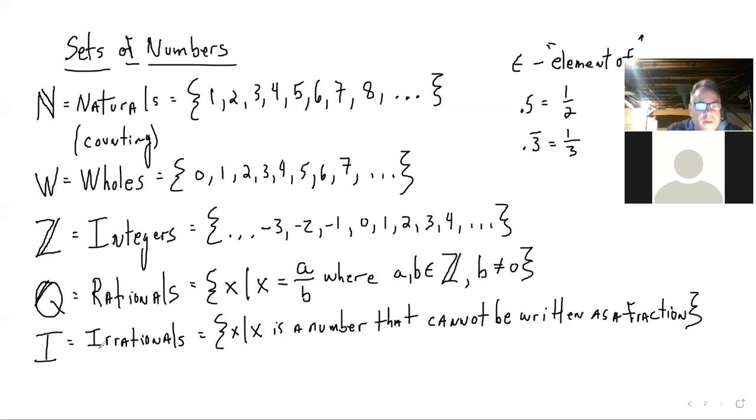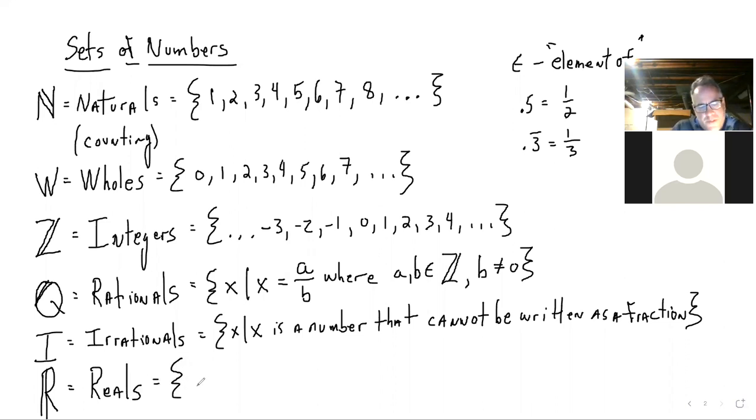So one more set of numbers we'll deal with here in this class. And this is standard. You see an R with a double bar, and again, in a book, it would be bolded. It's referred to as the set of real numbers. We'll just say the reals.